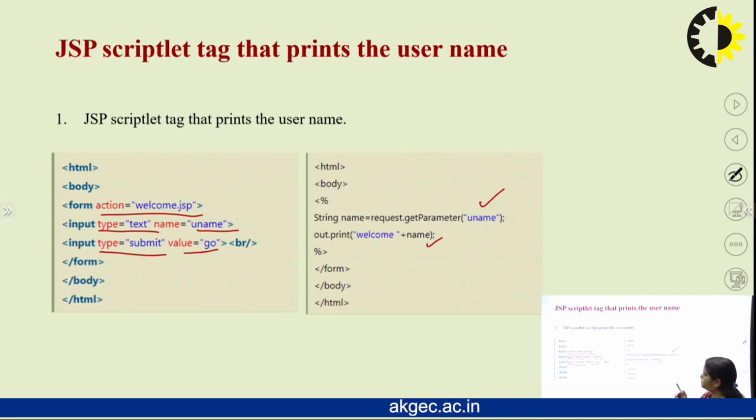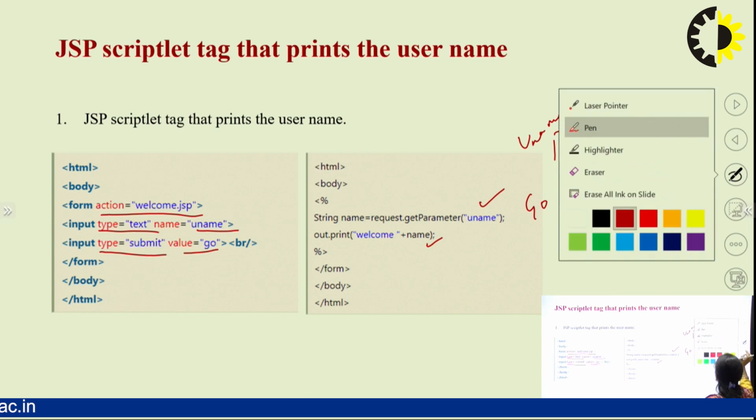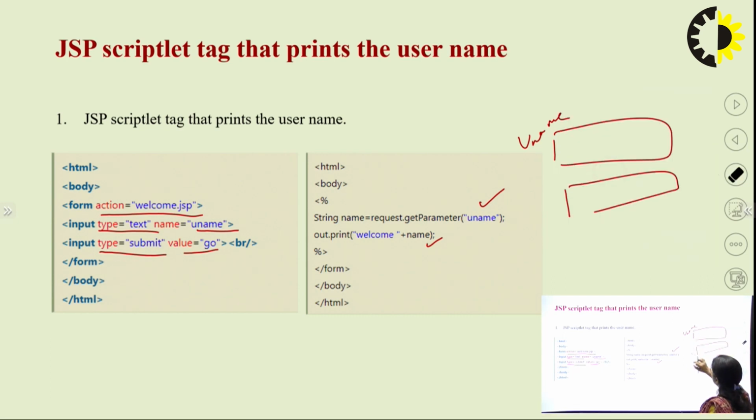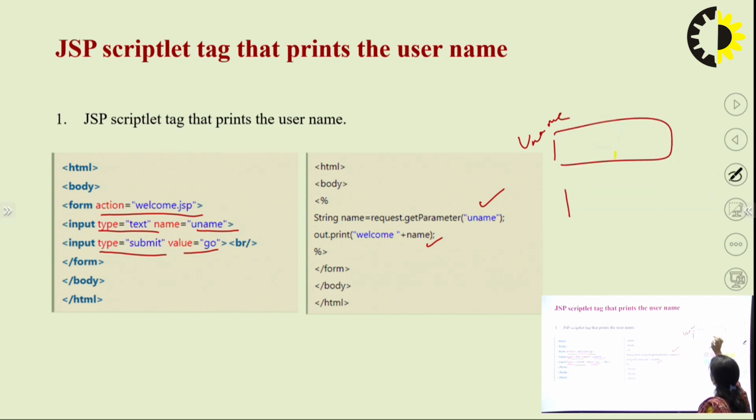So the output of this is just like this one: uname and button is go. This is the go button.